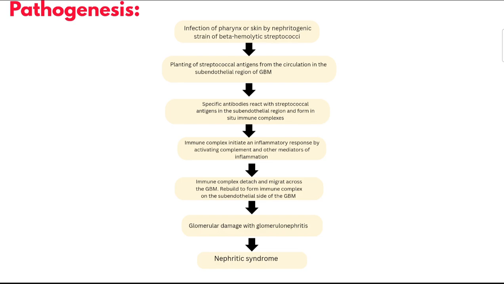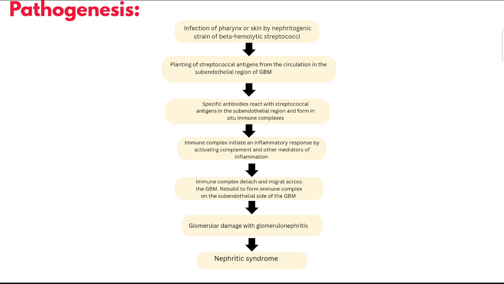This slide outlines the pathogenesis of post-streptococcal glomerulonephritis, which is caused by an immune response. Infection arises from nephrogenic beta hemolytic streptococci in the pharynx or skin. Then bacterial antigens enter the bloodstream, deposit in the glomerular basement membrane, and form immune complexes.